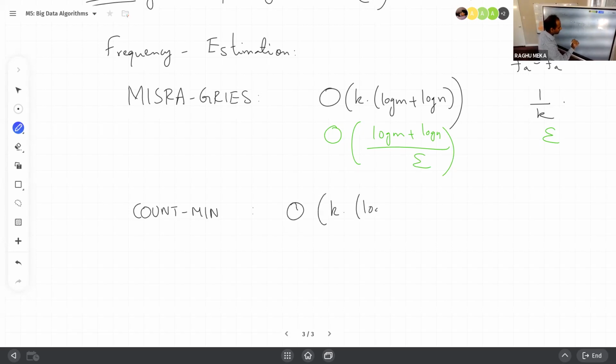So the space is, for each one it's similar, but then we also do S copies. Okay.